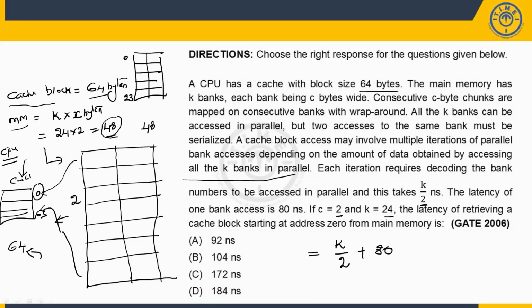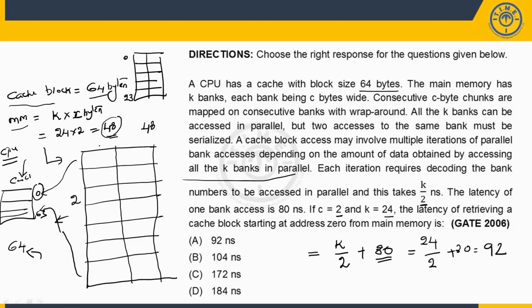One bank access is equal to 80 nanoseconds. All the banks access will also be equal to 80 nanoseconds because all the banks can be accessed in parallel. 80 plus decoding takes K by 2 nanoseconds. Okay, so with K equal to 24, 24 by 2 plus 80 is equal to 92 nanoseconds to access main memory once.